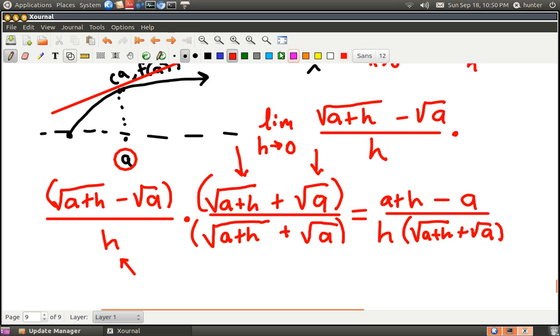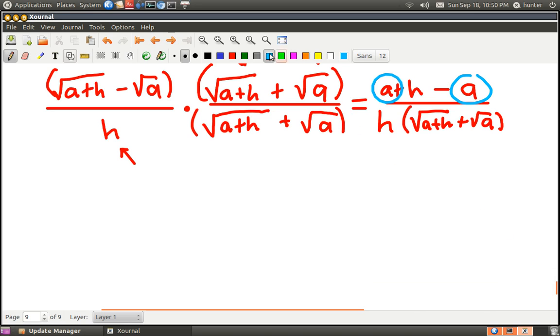Now notice that our trusty cancellation miracle has happened. The a's all disappear, and what am I left with? On top I've got h, and on the bottom I've got h times the square root of a plus h plus the square root of a.